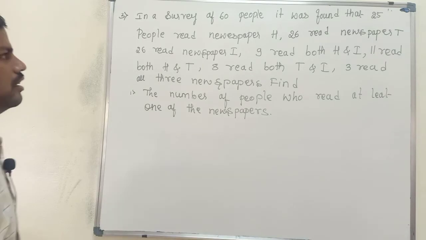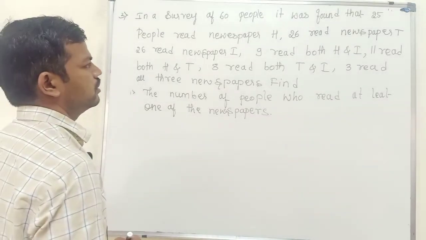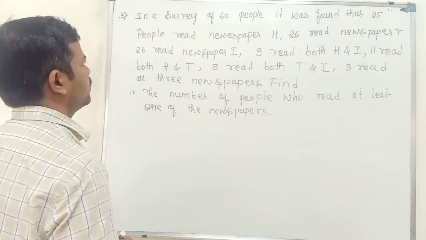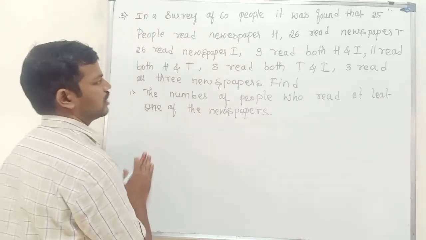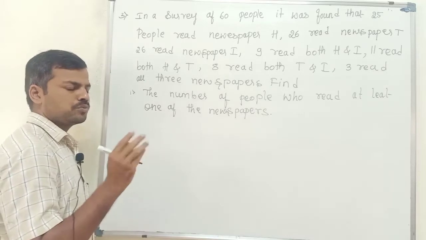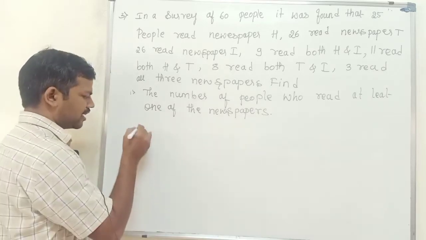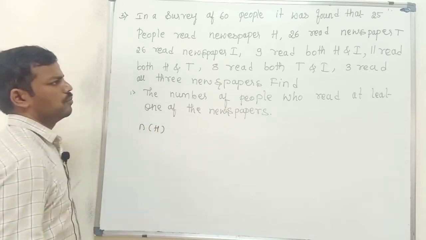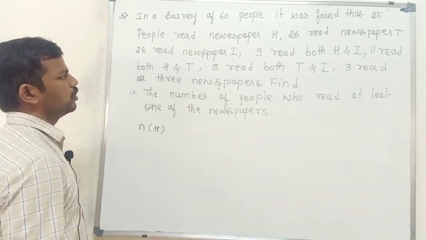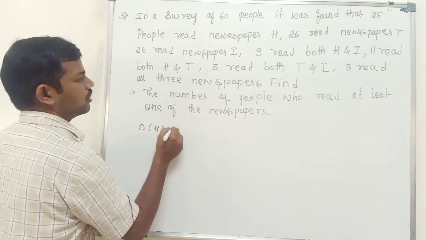Let me see. So how many sets are we given? It was found that 25 people read newspaper H. So H, I and T, these are the newspapers they have given. So directly we consider N of H, the number of people who read newspaper H, is 25.